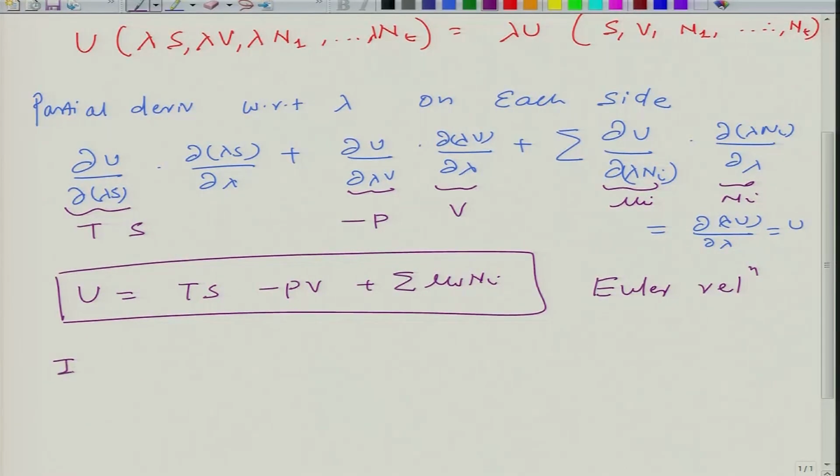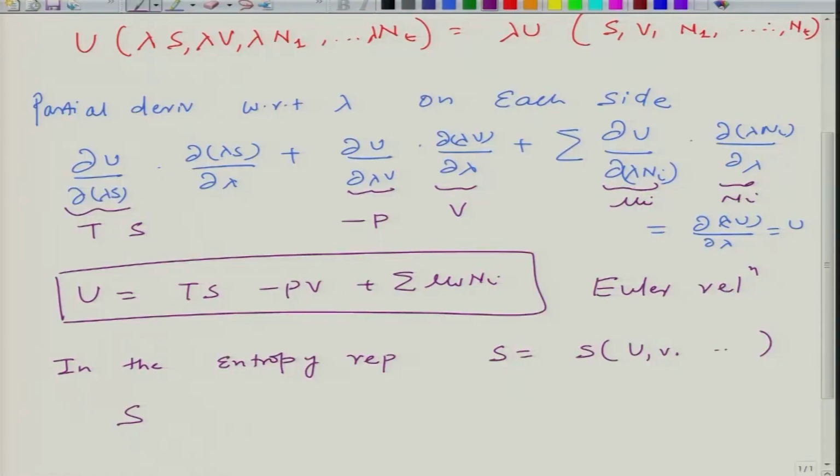So, if you consider the entropy representation, that is S equal to S of U, V and so forth, the corresponding Euler relation would be obtained by doing a similar exercise as we have done for U, and you would now obtain an expression for S along the same lines as we did for internal energy, and I will write it directly without deriving it. So, you can obtain this as the Euler relation based on that.